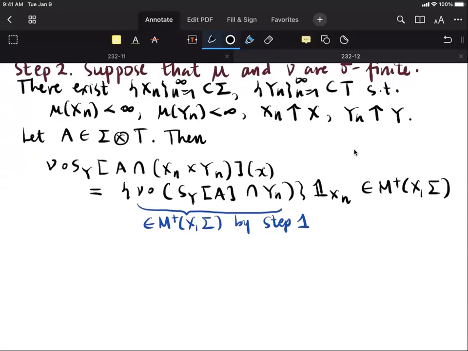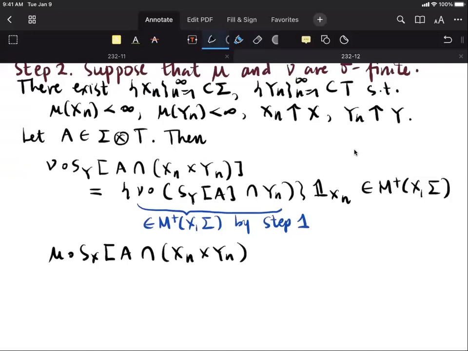And similarly, doing this for the other part. Let us remove here the argument now.